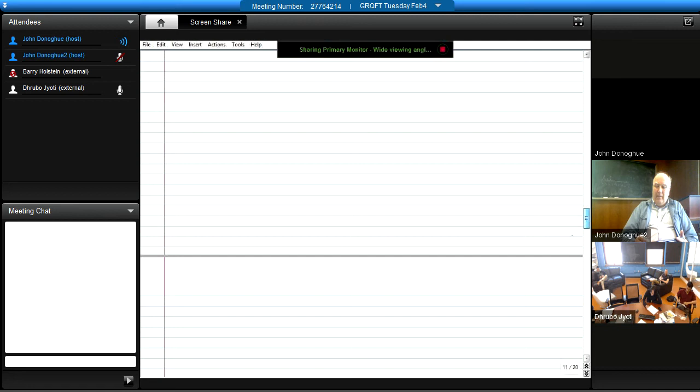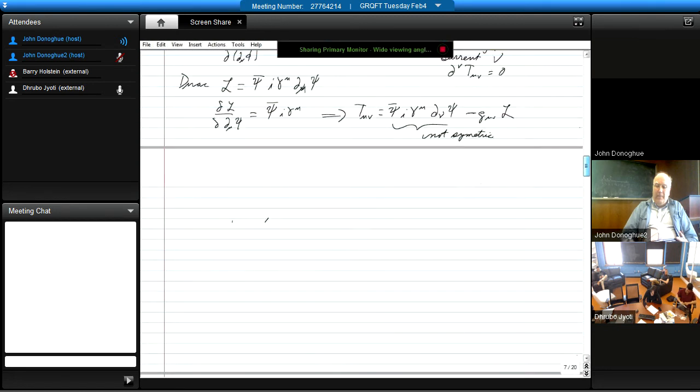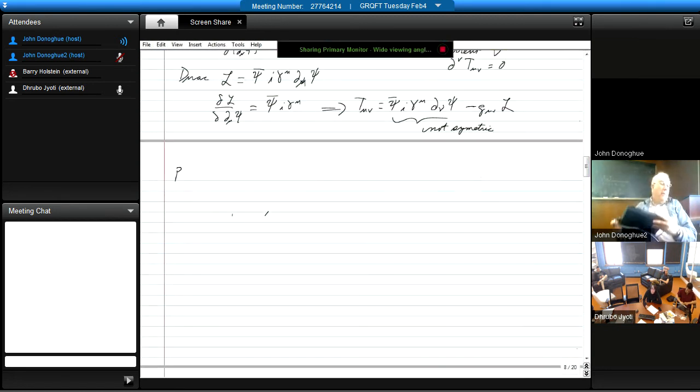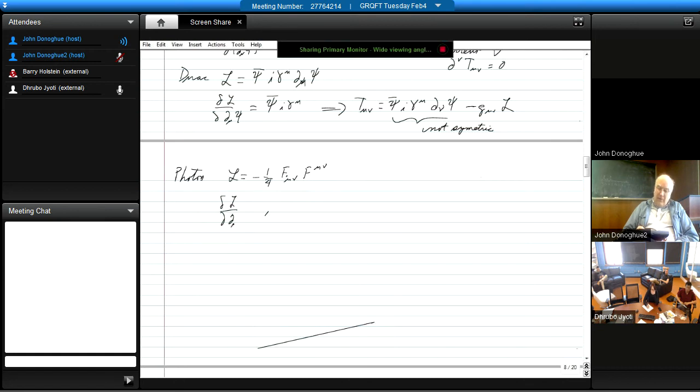Okay. Likewise, if I'm doing the photon, we've got the Lagrangian is minus a quarter F mu nu F mu nu. The variation of the Lagrangian with respect to d mu a sigma is minus F mu sigma.